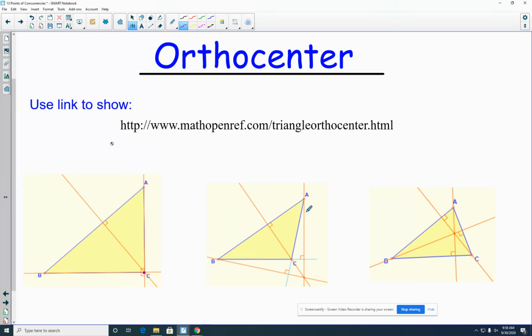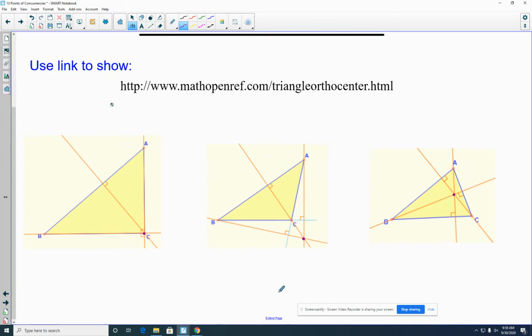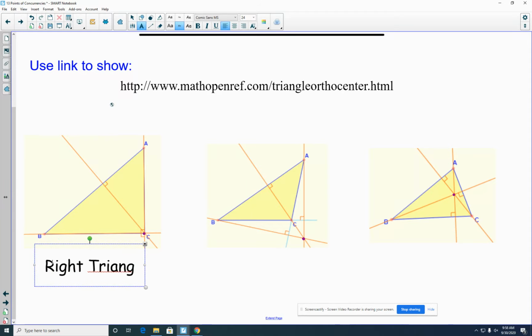When you have an obtuse triangle, it ends up outside. When you have an acute triangle, it ends up inside. So the point of concurrency can change. So when it's a right triangle, the point of concurrency is on the right angle.